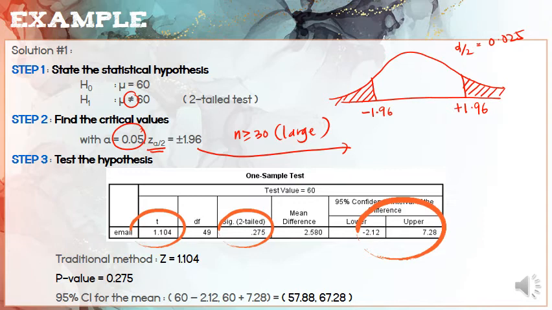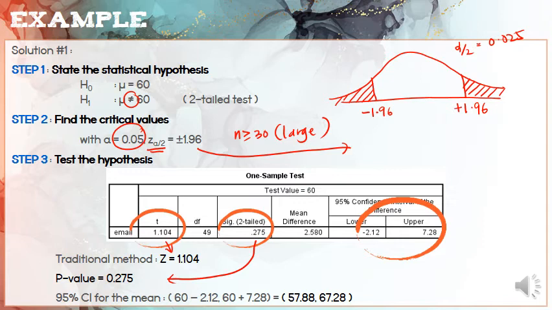So, step 3, kita nak test our hypothesis. So, since soalan tak ada bagi tahu specifically which method dia nak awak pakai, saya tunjukkan all three methods. So, if kita pakai traditional method, this is our test value 1.104. Our P value is here 0.275.